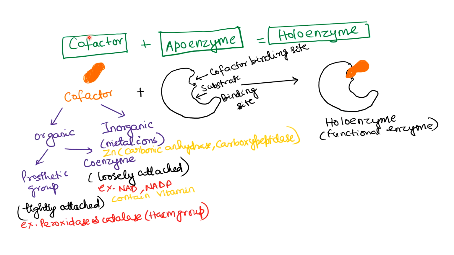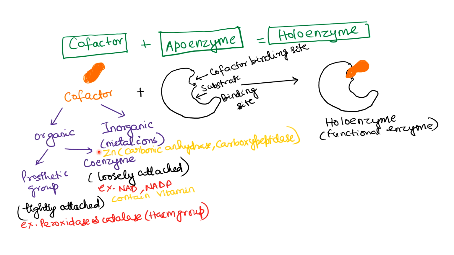To summarize cofactors, this is your enzyme, this is the substrate binding site, this is the cofactor binding site. This proteinaceous part of the enzyme is called the apoenzyme. Now cofactor is the non-proteinaceous part. It can be of two types, organic as well as inorganic.